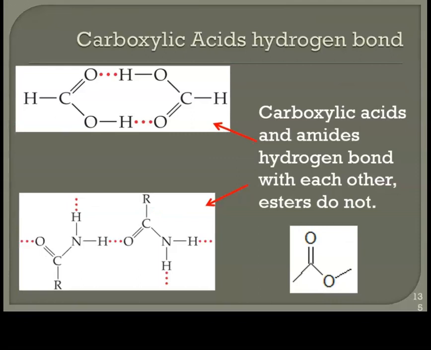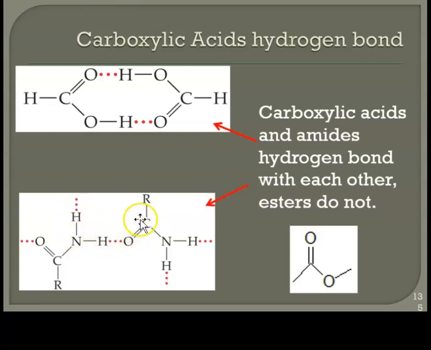So some differences between, for example, carboxylic acids. You'll notice here with this carboxylic acid, we have a hydrogen bonding between one carboxylic acid end and another carboxylic acid end. These can interact with and hydrogen bond with each other. Also, you'll notice amides, that nitrogen and that hydrogen can hydrogen bond to that carbonyl oxygen.